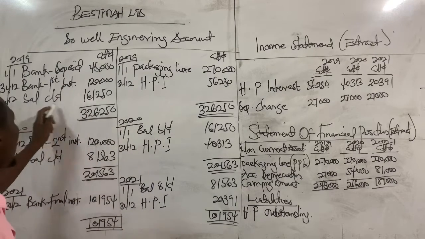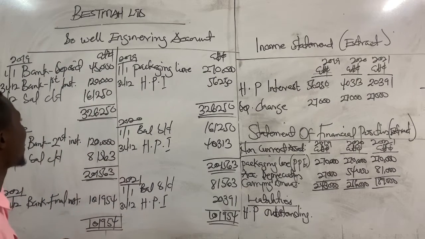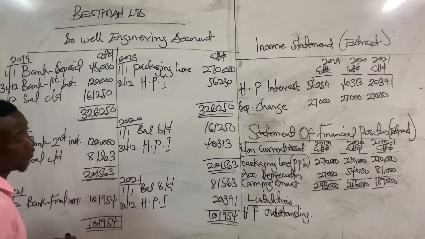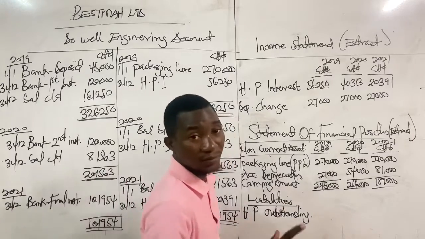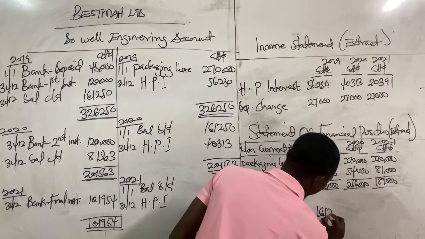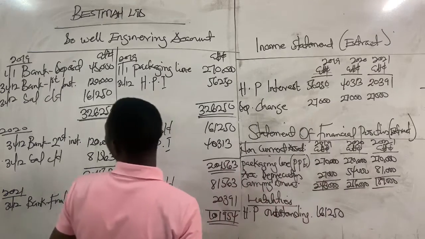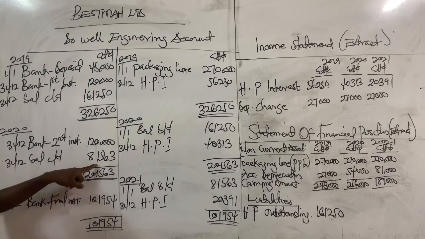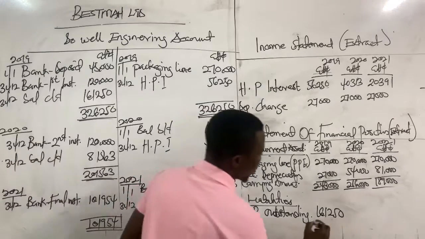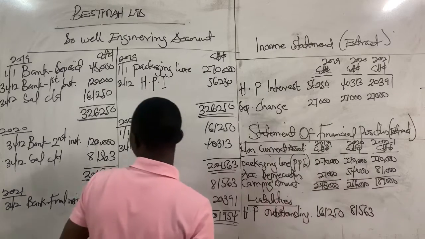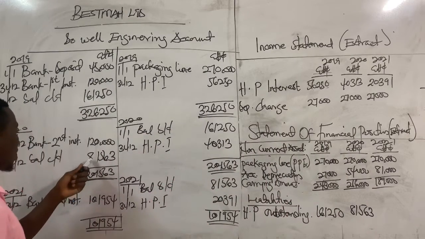So we can say that the carrying amount over here is 161,250 for 2019, which becomes the hire purchase outstanding. For 2020, the carry down is 81,563, being the hire purchase outstanding.